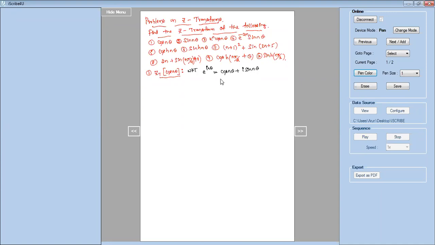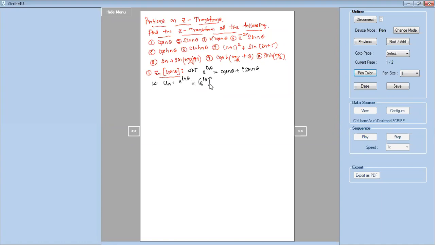So now let us choose like this, let un equal e power I into n theta, and it can be written as e power I theta whole raised to the power of n.